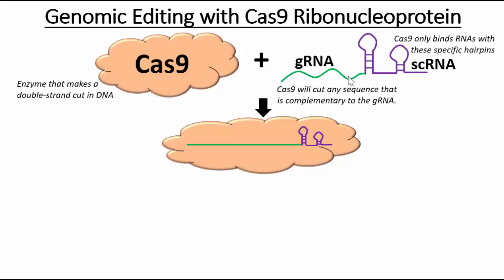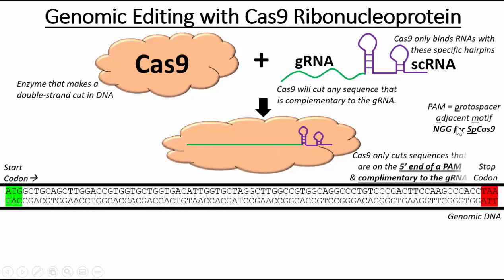So let's talk about how exactly you could use Cas9 to, for example, cut a target gene, and then mutate that gene to study its function. So anyways, what we would need for that kind of experiment would be the Cas9 protein and the gRNA scaffold RNA complex.